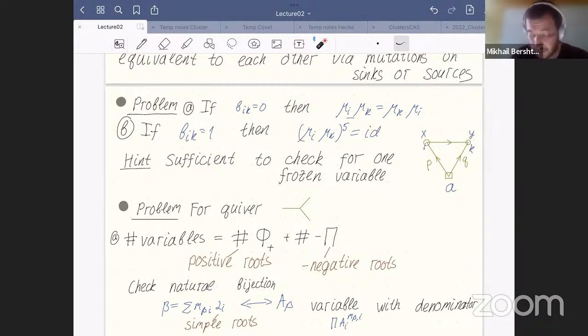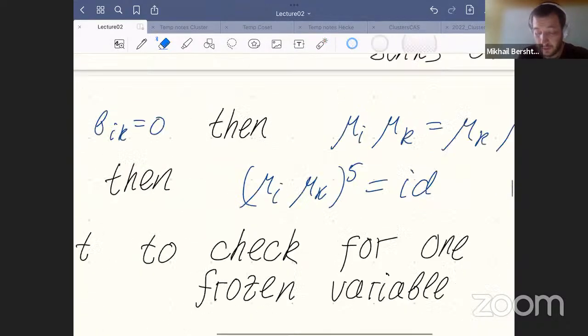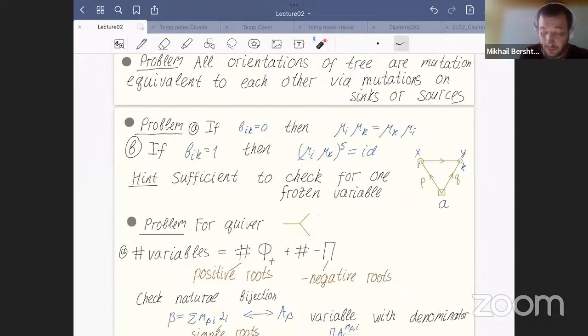You can assume that you have just one frozen vertex, which I wrote here, and compute for it. This is a hint how to prove this problem. And if there are no arrows between x and y, then the situation is even simpler. Mu i and mu k just commute, so you can write that mu i mu k in power 2 is equal to identity.